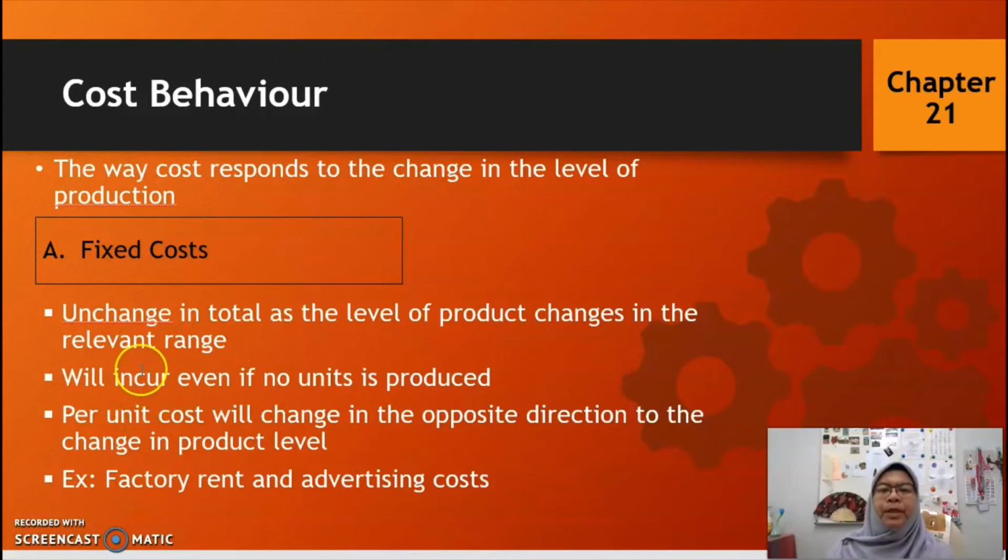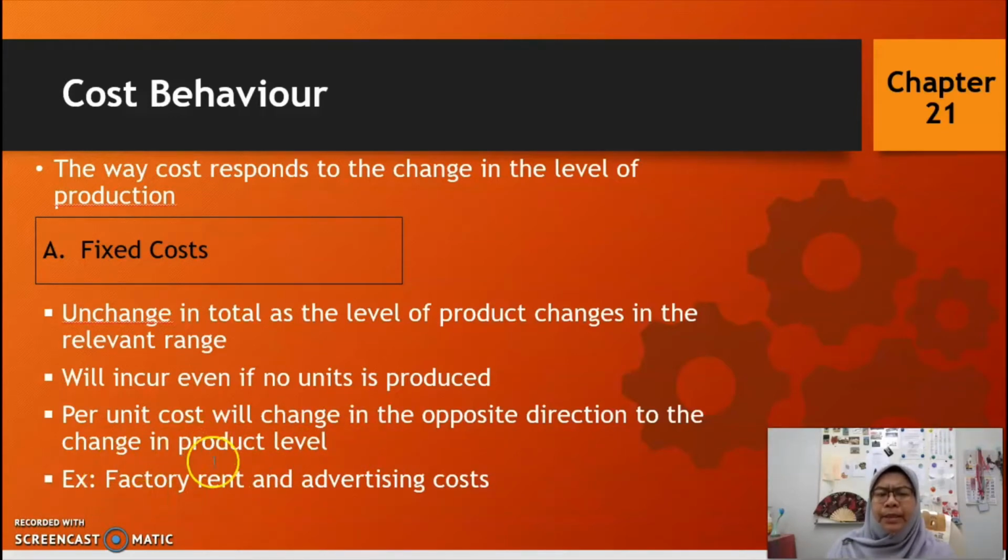The fixed costs still incur even though no units are produced. And when you are talking about the fixed cost per unit, it will change in the opposite direction to the change in quantities. I'm going to explain more about this fixed cost later.